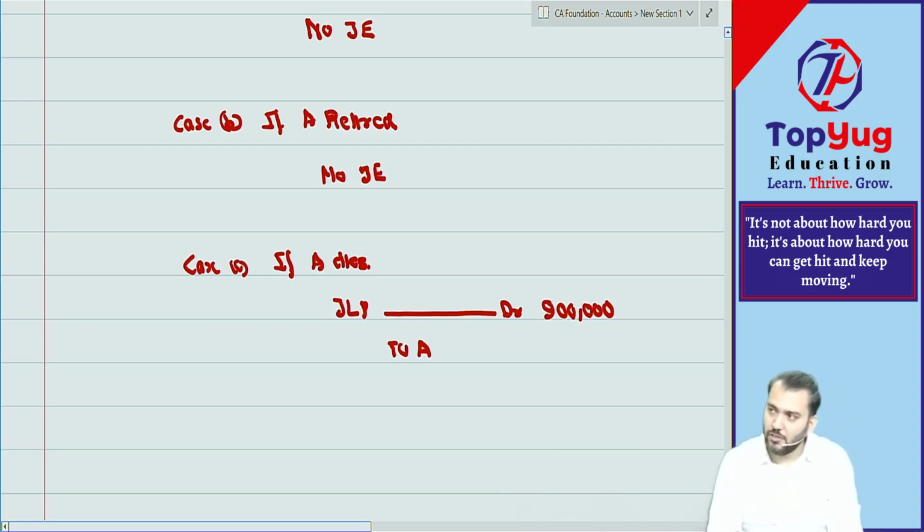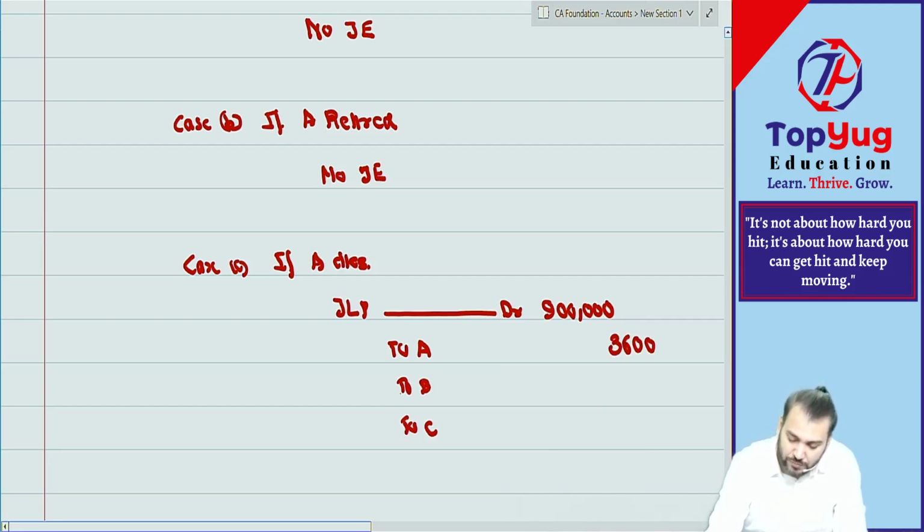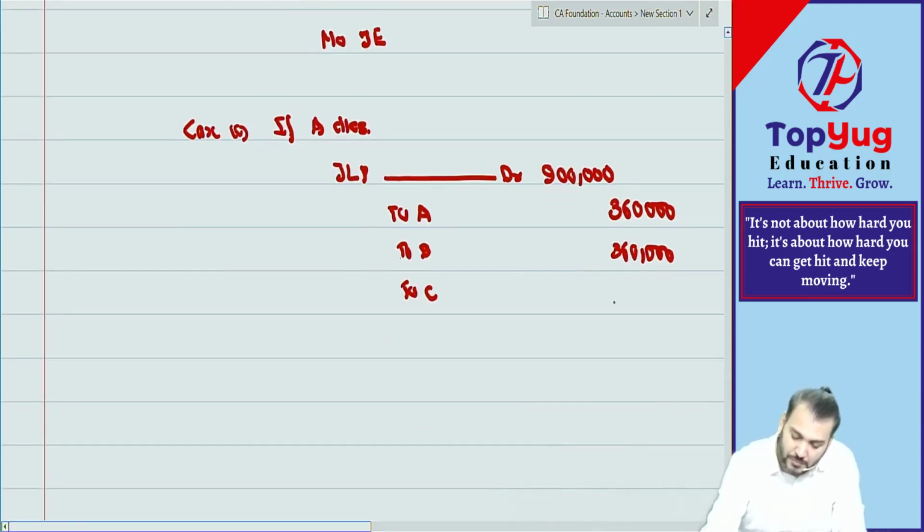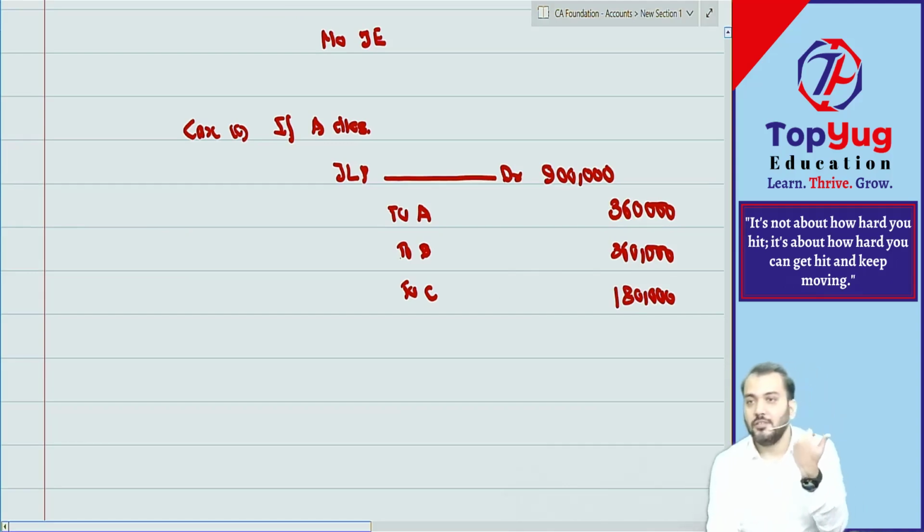Only A died. To B, C, tell me how much? 3 lakh 60. Then 3 lakh. Then what? 1 lakh, 80,000. Understood? You have understood this also?